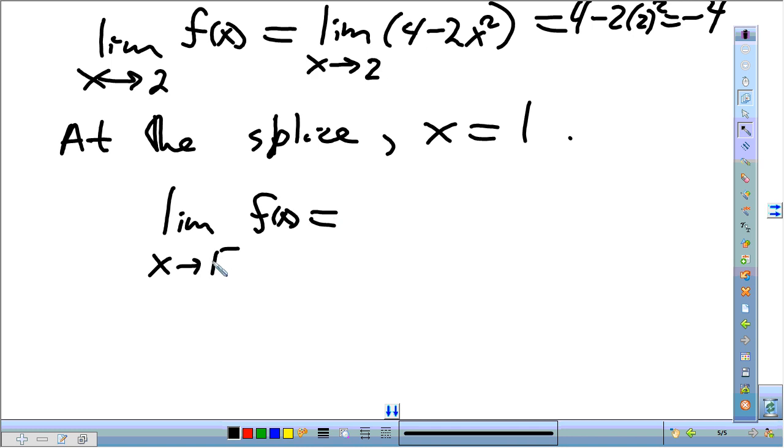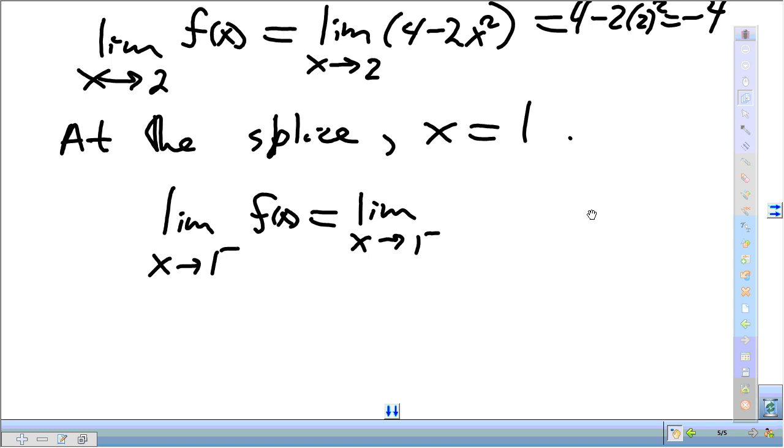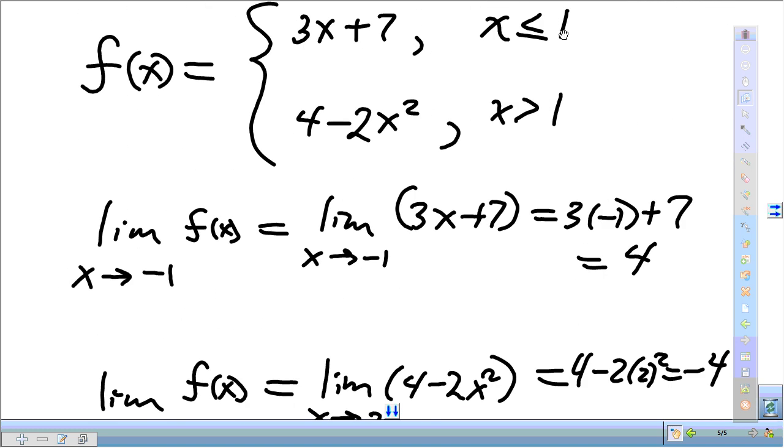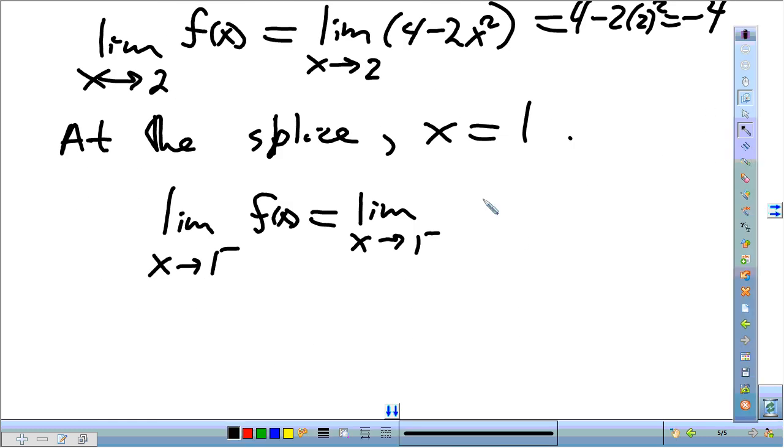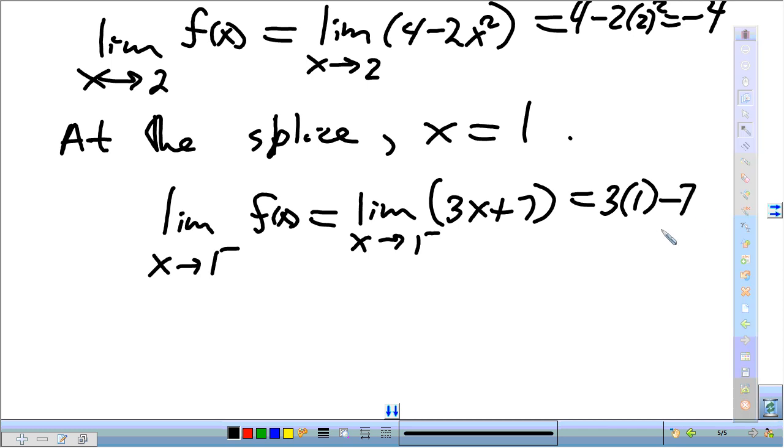So if we stay on the left, or values of x less than 1, if we're always less than 1, it's 3x plus 7. And we would get a limit of a continuous piece to be 3 times 1 plus 7, or 10.